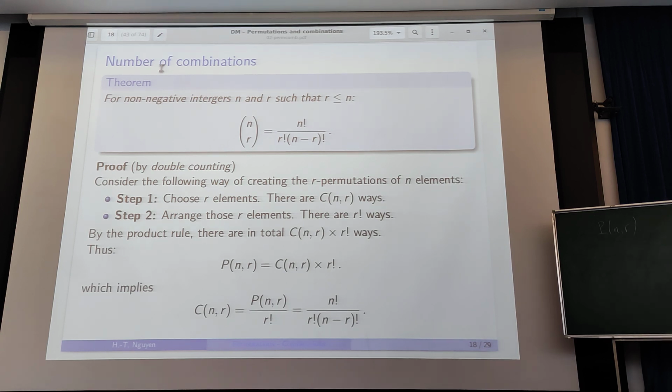So this is a simple example that illustrates the use of a double counting argument to prove an identity. This is true for any positive integer n, and for any integer r not exceeding n.